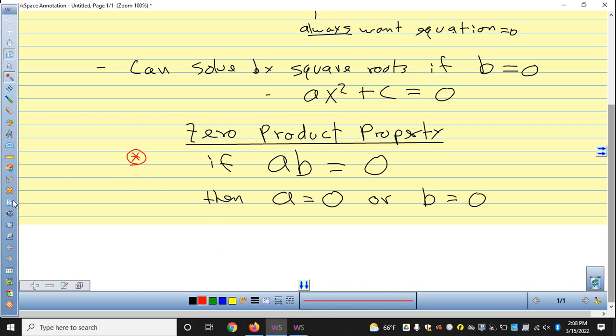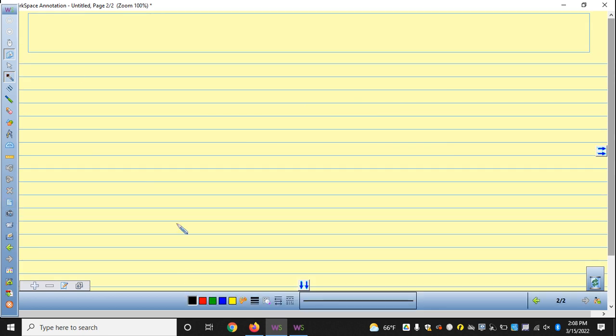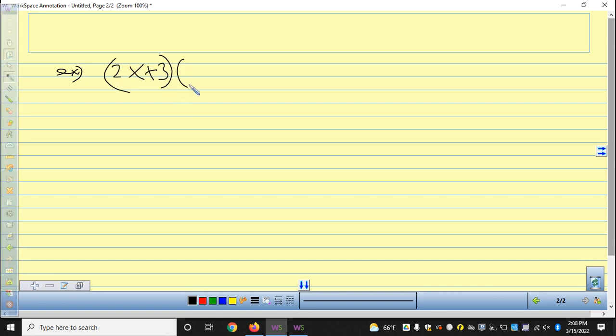So for example, if we factored some quadratic equation and we ended up with 2x plus 3 times x minus 1, and that's equal to 0. So we've done our work, we've done our cross in our box, or we did our slip and slide, and we get this as our factors.